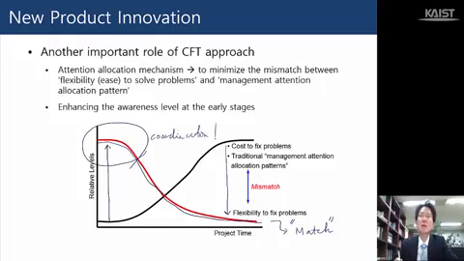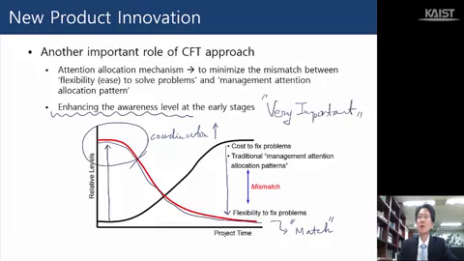Coordination is very intensive, very high in the early phase of this project time. So actually that's another very important role, which is not discussed often and not easy to identify, but it's very important. So I would say the cross-functional team approach enhances the awareness level at the early stages, and that's another reason why we can benefit from using it.